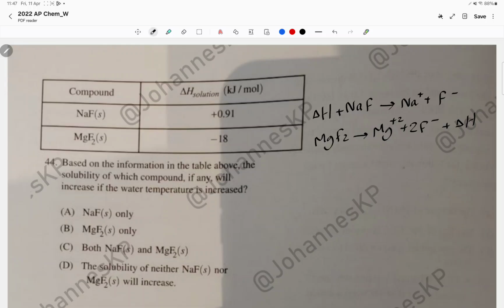Now, if you were to increase temperature for the first reaction, we will go right. But for the second reaction, we're going to be going left. The question says, which of the following is going to have more solubility, which means more dissolution, if you increase temperature? It has to be the NaF, correct? Because you're going to be going away from it. So it's choice A.